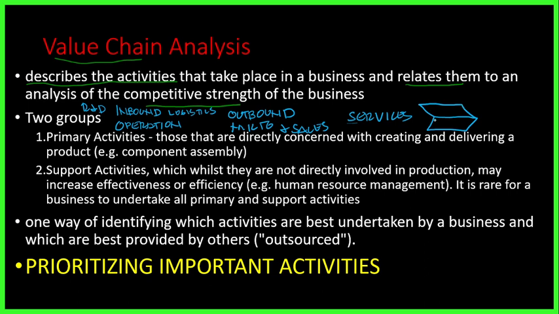Yung part na yan, it represents a process which needs an input coming from another process, and etong arrow na to means that this process will have an output which is needed by another process. Kaya pag nakita mo yung value chain analysis, yung activities natin nakaganyan. Inbound logistics, operations, outbound logistics, and so on and so forth.